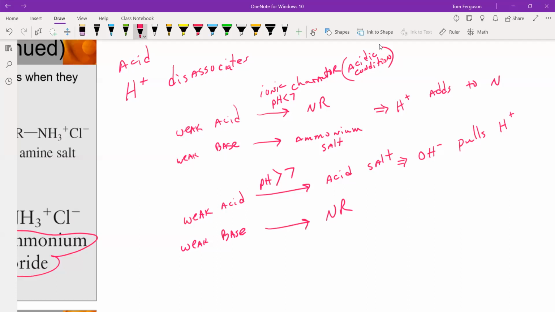However, with the base, what's going to happen is the hydrogen from the acid adds to the nitrogen.